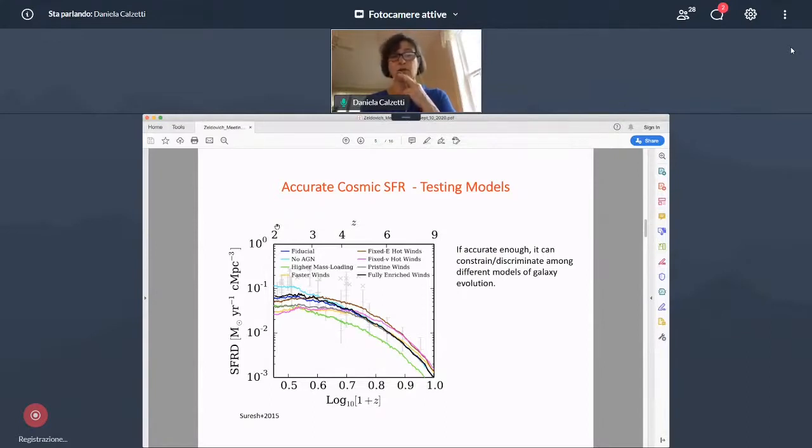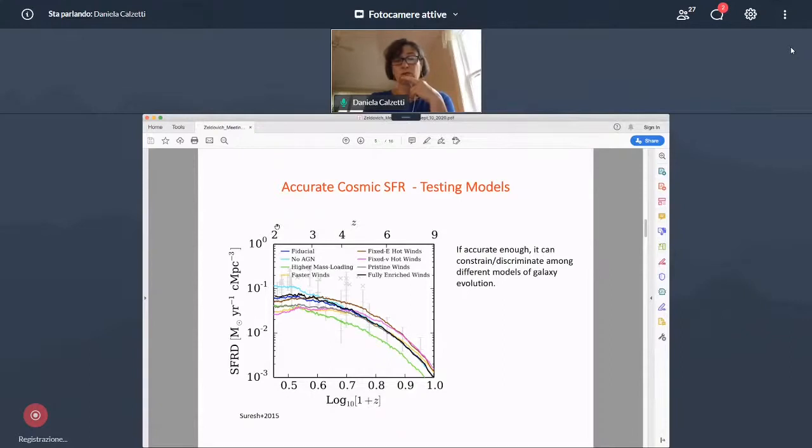But beyond the aesthetic pleasure of having an accurate measurement, there is actually an important consequence. Many models of galaxy evolution predict roughly the same trends as shown in this picture taken from a paper by Somerville et al. 2015, in which you can see that for the accuracy of the time 5 years ago, which is not very different from the accuracy we have today, many models for galaxy evolution actually fit the data.